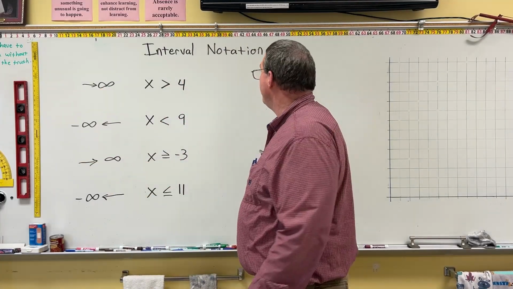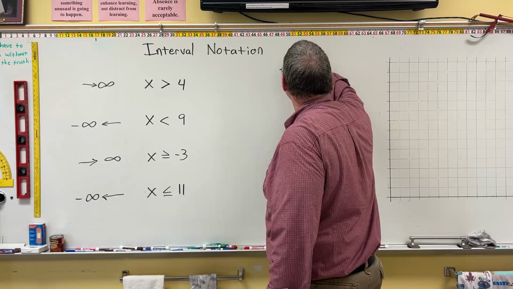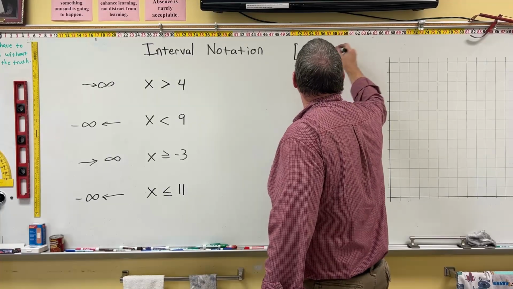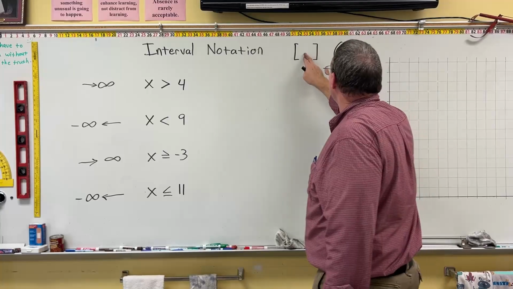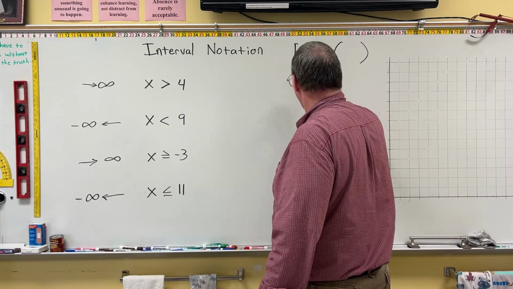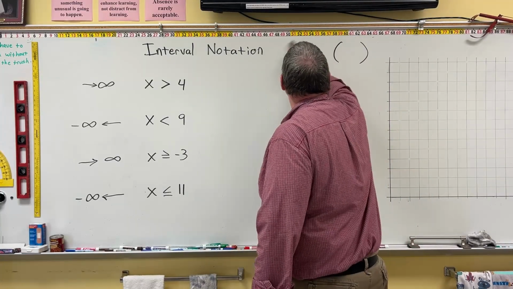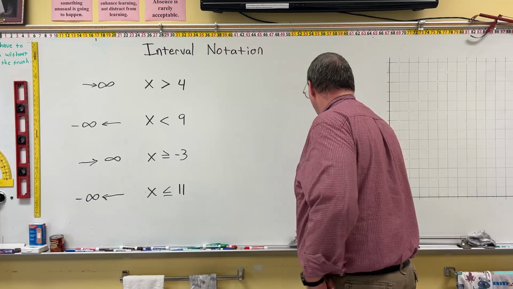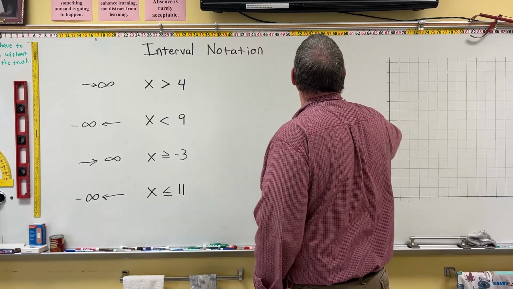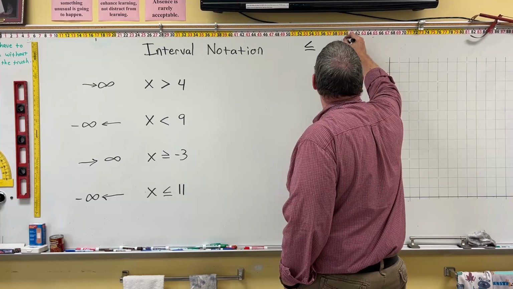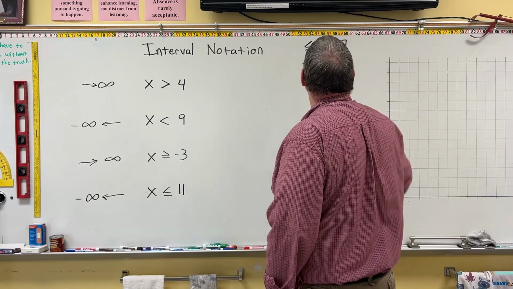Okay? And what we do is we use brackets and we use parentheses. We use brackets when we have the or equal to. And let me give you just a general idea, okay? If we have a less than or equal to, we're going to use the right bracket here.